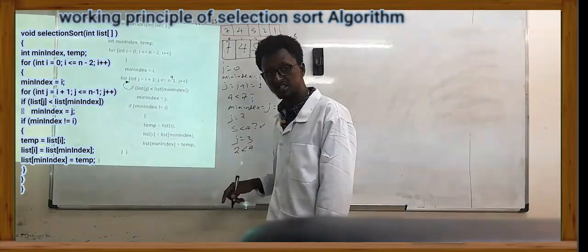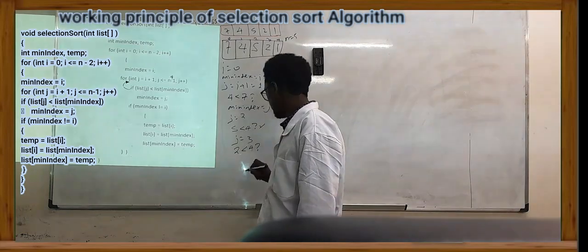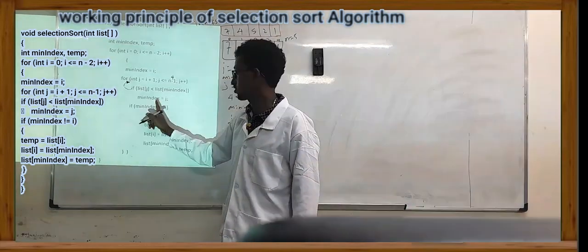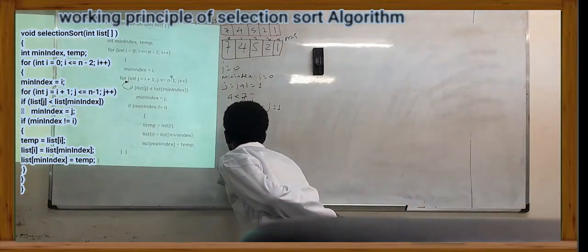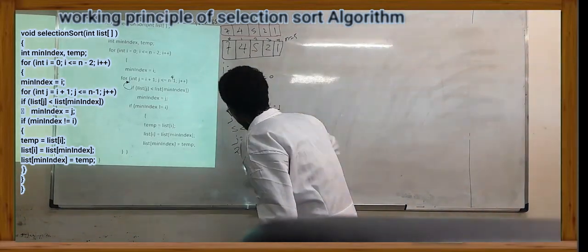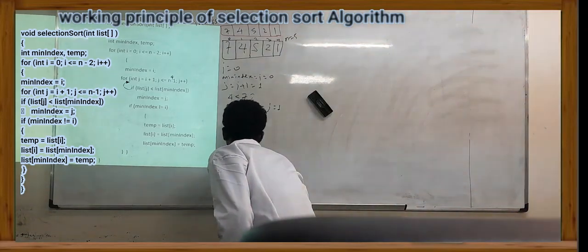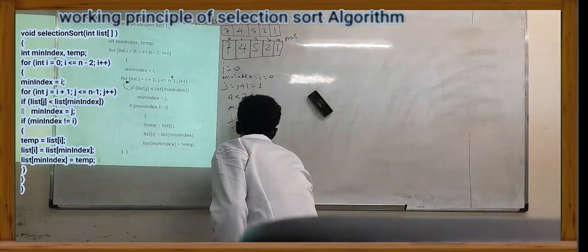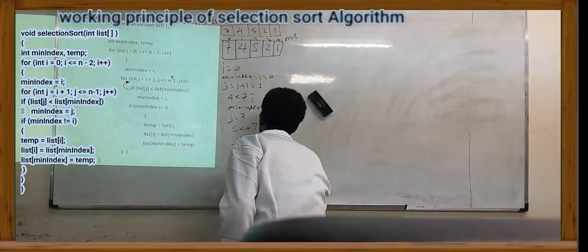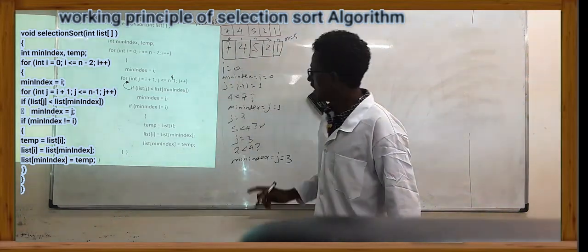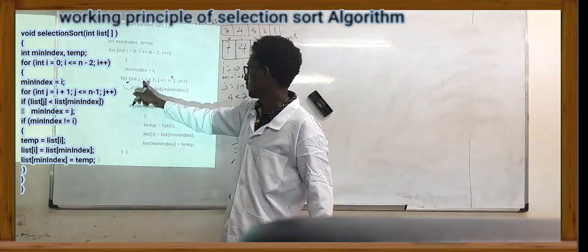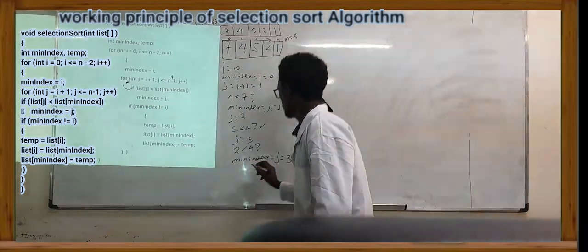Yes, absolutely. This is right. Therefore, we change the min index value to j. Min index is equal to j, which is 3. Good. Next one, come on again to the for loop. j plus plus. j becomes what?